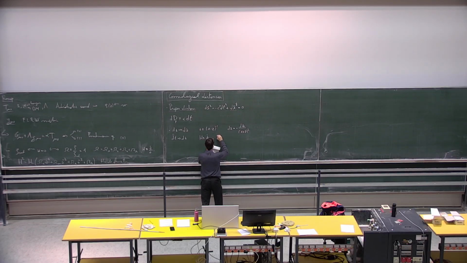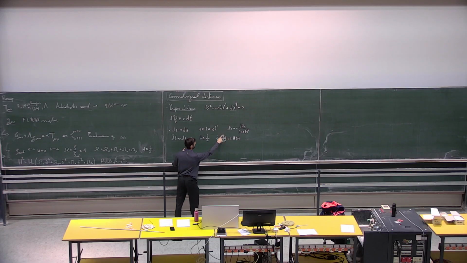And then we can isolate a dot, which is what? da with respect to t, just the derivative of a, which is equal to what? Well, that's a times H, right? A dot is H multiplied by a.